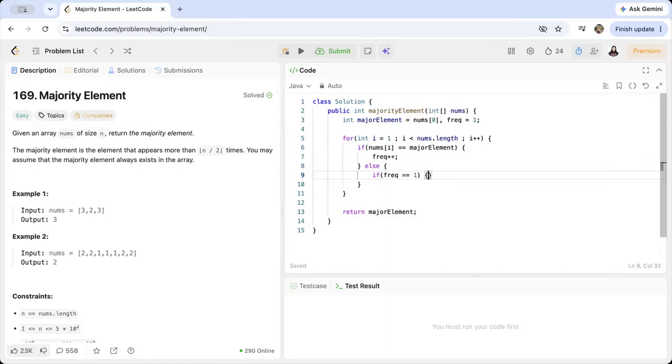If the frequency is 1, we simply update the major element to nums of i.